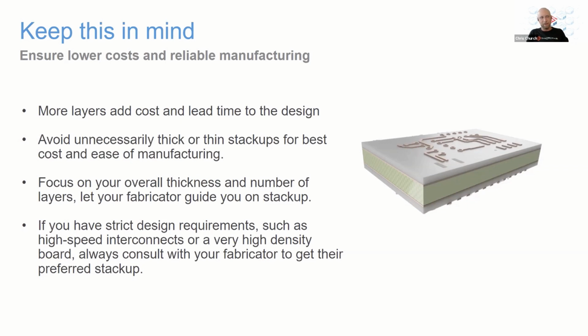And it's the same thing for your strict design requirements. We just want you to really work more with the PCB house. Remember, you can design anything, but that doesn't mean it's easily manufacturable or within your cost target. And only the PCB fabricator can really give you guidance as you're working through that process.